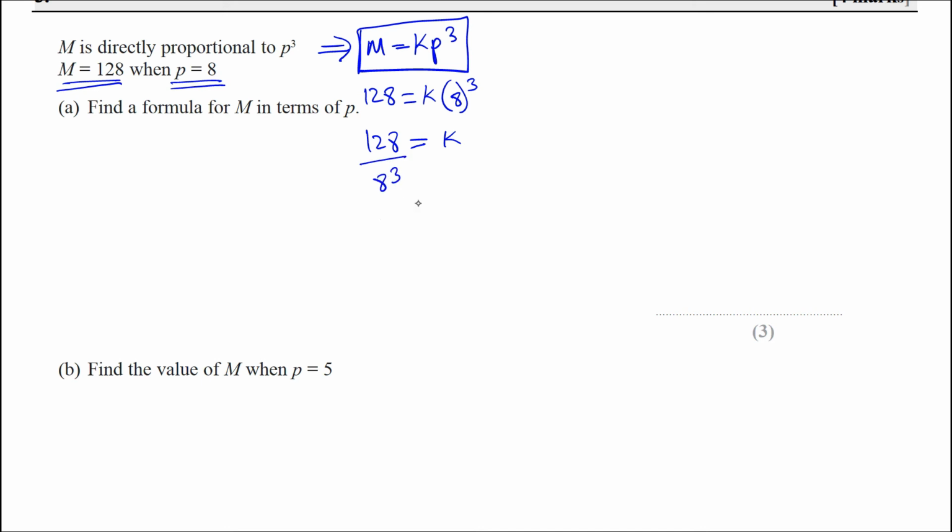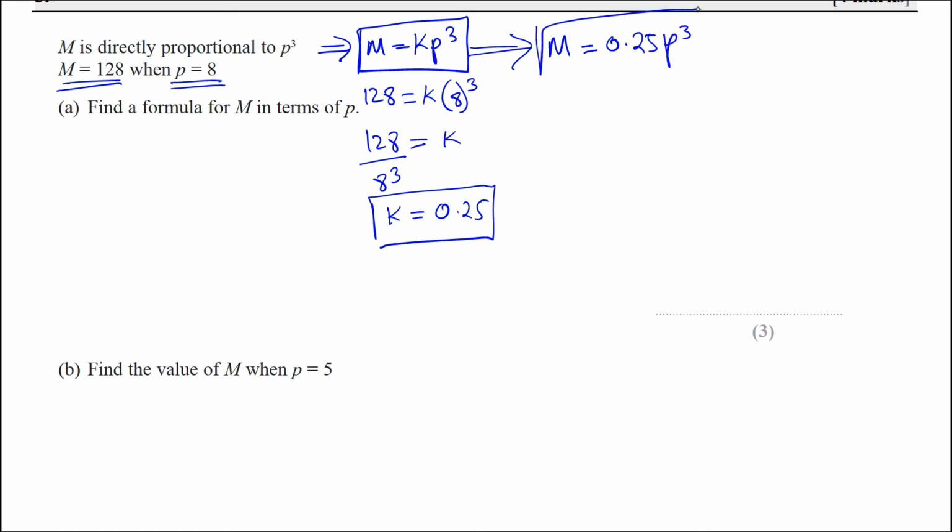So K, if you plug that in the calculator, you'll find that K will be equal to 0.25. So if K is equal to 0.25, it means that our formula will be M is equal to 0.25 P cubed.